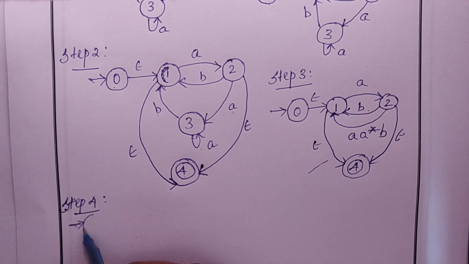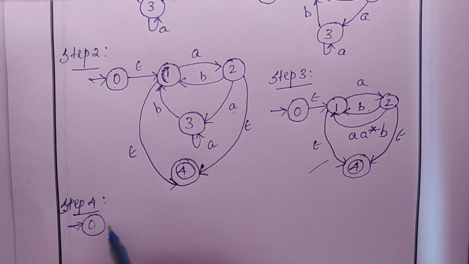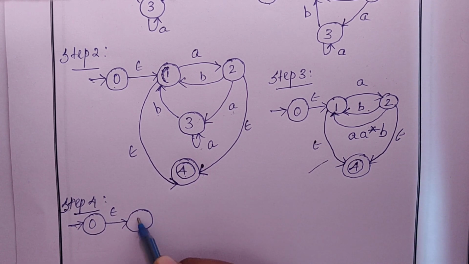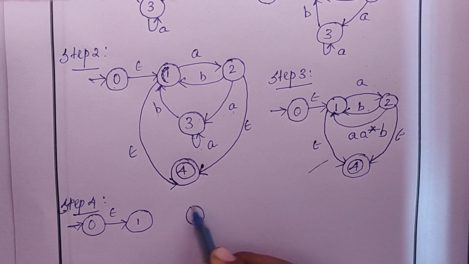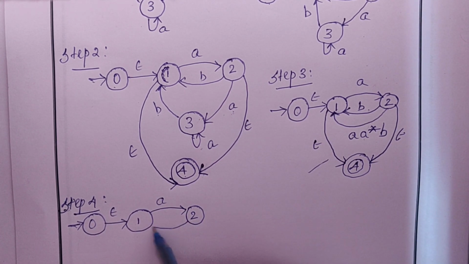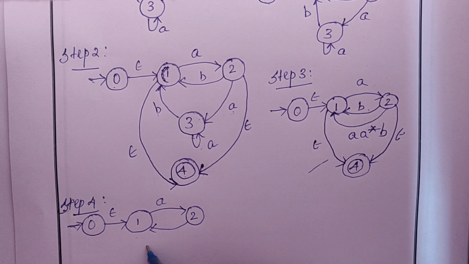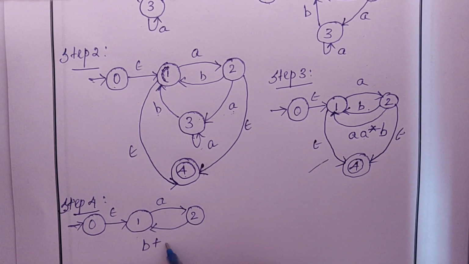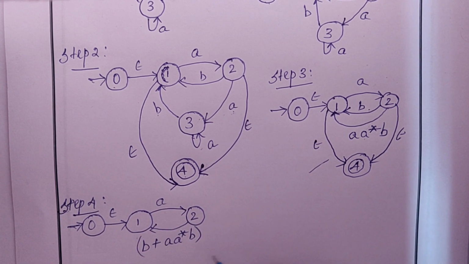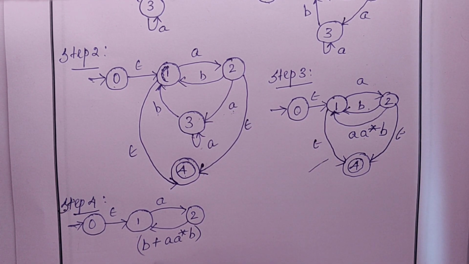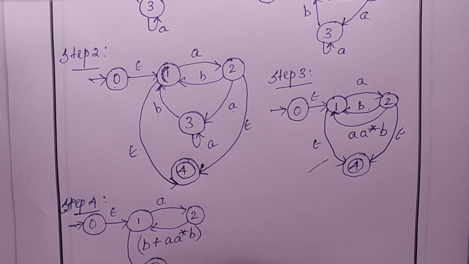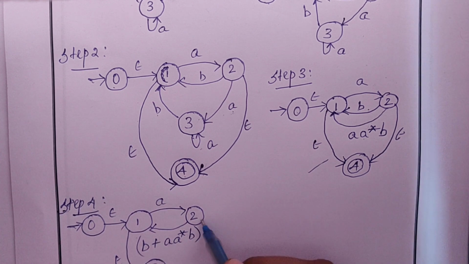And so it is epsilon, 1, 2, A. What should I write here? B or A star, B. Correct? Then my final state. Right? And these connections.